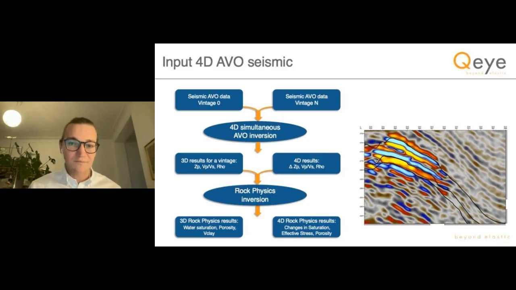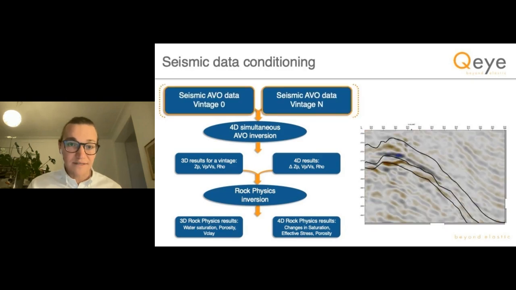So a visual look at what this process looks like is, once again, the same seismic differences on the right-hand side. As part of the initial step, we do a lot of preconditioning. The goal with the preconditioning is to make the baseline and monitor data sets as similar as possible while maintaining the differences that are in the data sets just due to production-related effects.